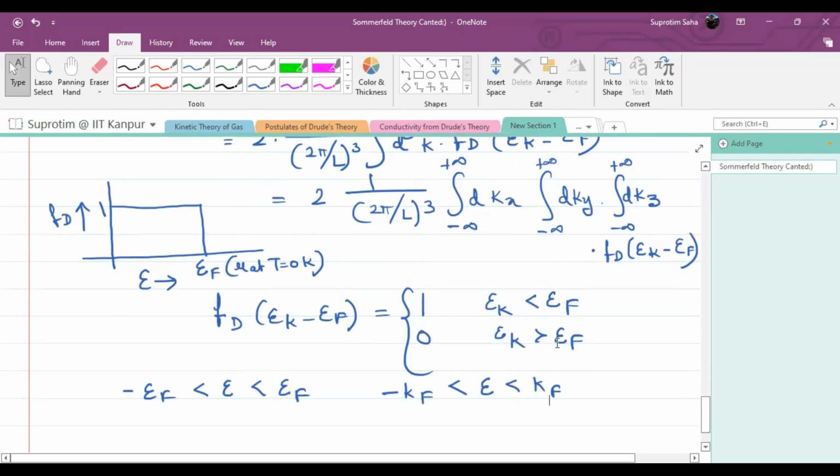In each dimension it is kf, because kf is a constant energy value. It doesn't depend on which direction you are working in. So this is the restriction.